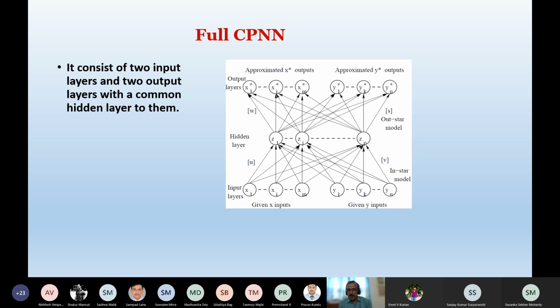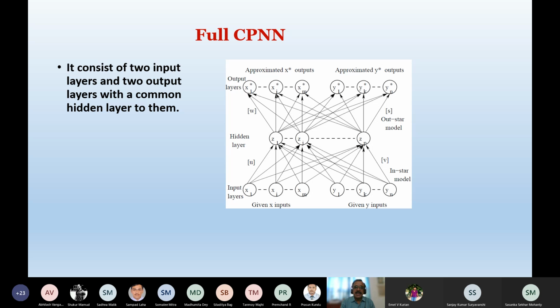So the first input layer contains information of the process parameters, and the second input layer carries information of the corresponding responses. Say there are small m number of inputs and small n number of outputs.